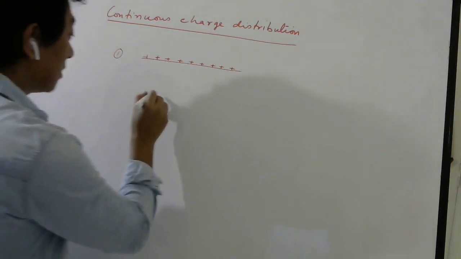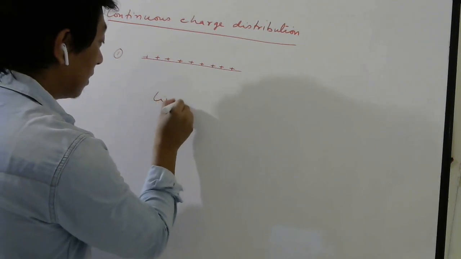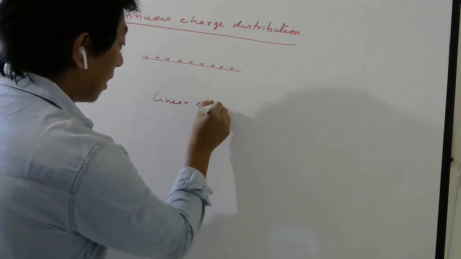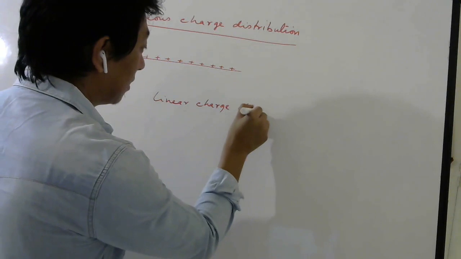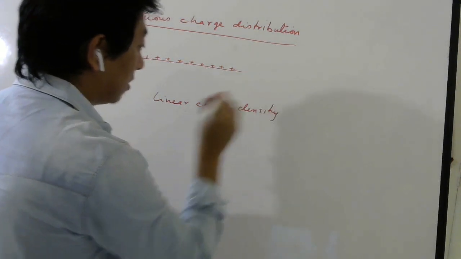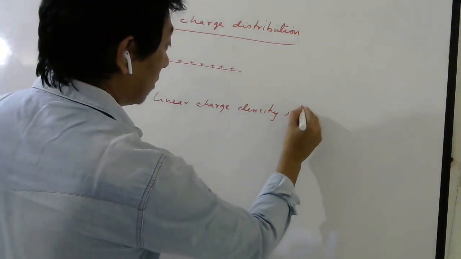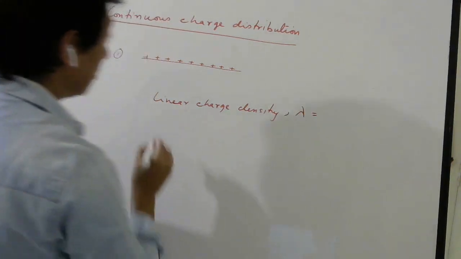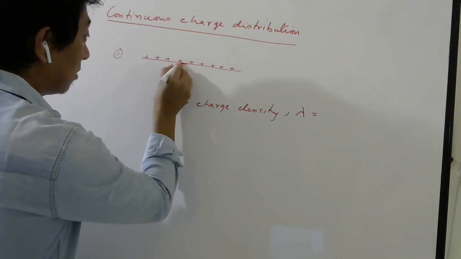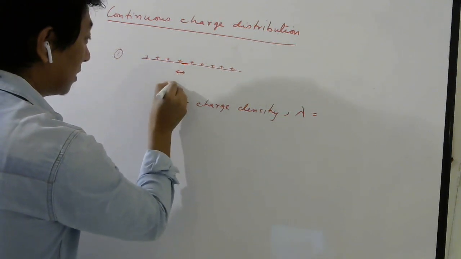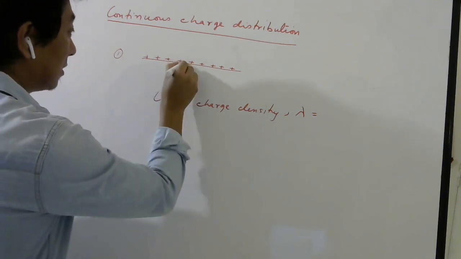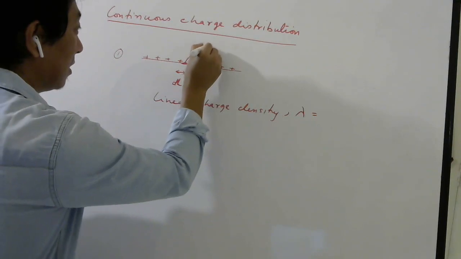Then we define something called linear charge density. In exam it comes for you to define. So what is linear charge density? The symbol is lambda. You take a small part of this, length of this is, let us say, dl, and charge on this small part is dq.